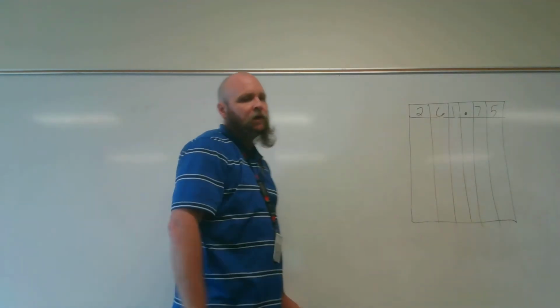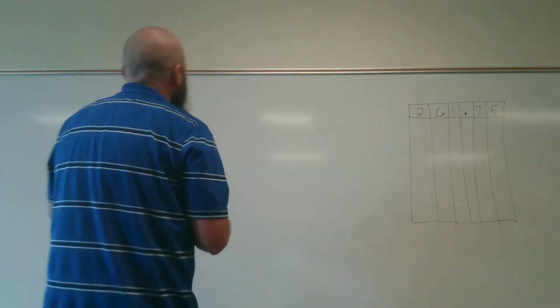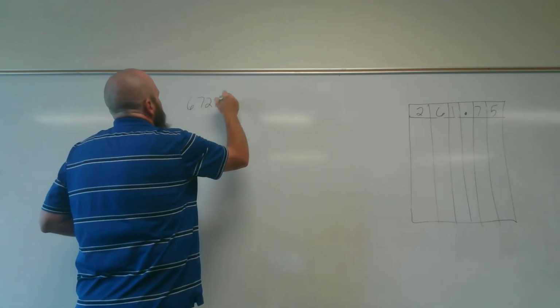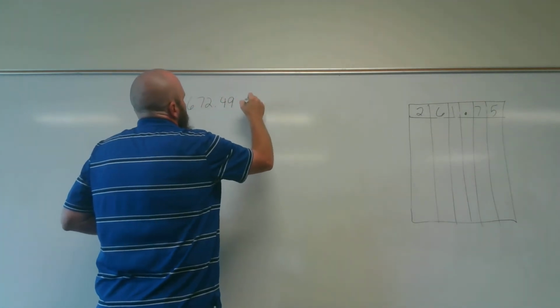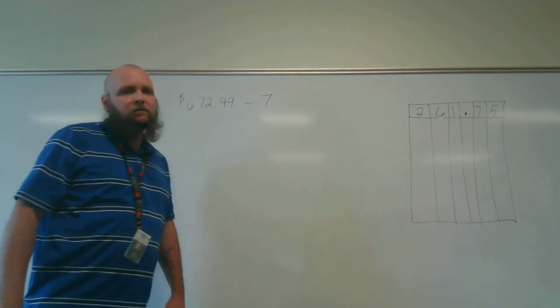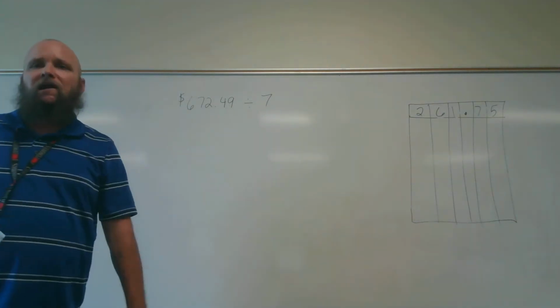I believe we have one more if I've crossed off correctly. $672.49 divided by 7. So that means we have $672.49 divided by 7.